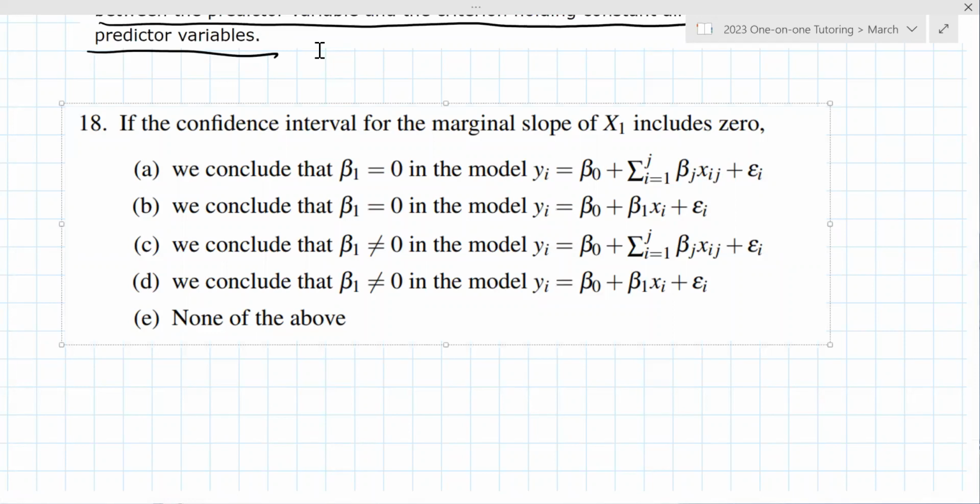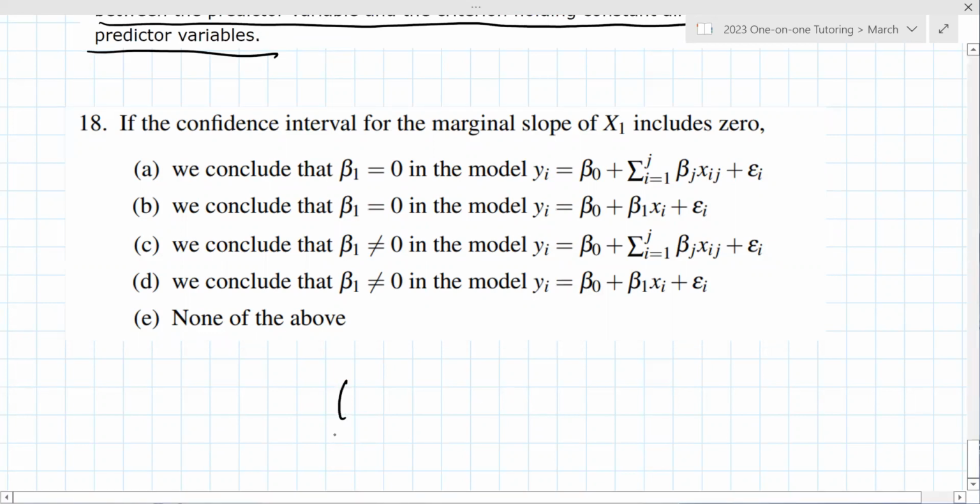Okay, so if the confidence interval for the marginal slope of x includes 0. This is a more basic question: if your lower confidence limit and your upper confidence limit have 0 in the middle, what do you do?